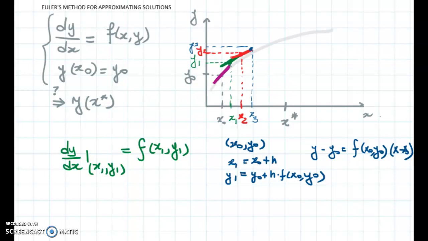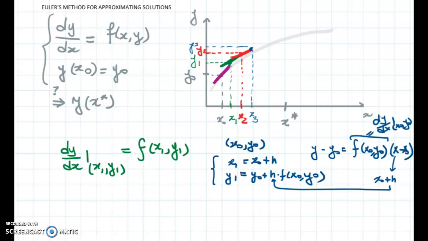So this is the equation of the line tangent to the solution at the point x0, y0. The slope is given by the derivative. Remember, this is the same as the value of the derivative at x0, y0. So if you look here, when I evaluate at x equals x0 plus h, the x0 cancels, and that's why I got this value h over here. So I hope I convinced you that this is the next step.